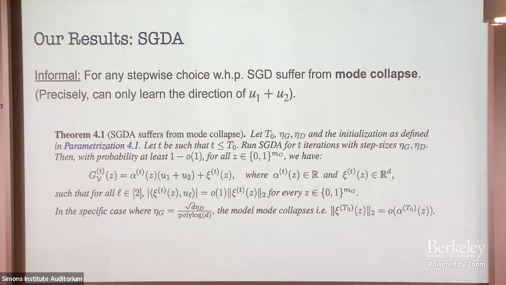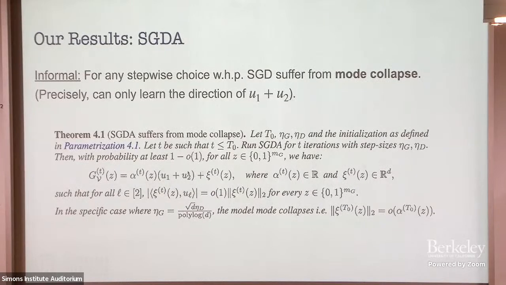The first result is that for SGDA, for any constant step size choice, SGDA suffers from mode collapse, precisely in that we can only learn the direction U1 plus U2. So you're never able to learn with your generator, with the weights V_i, either U1 or U2.